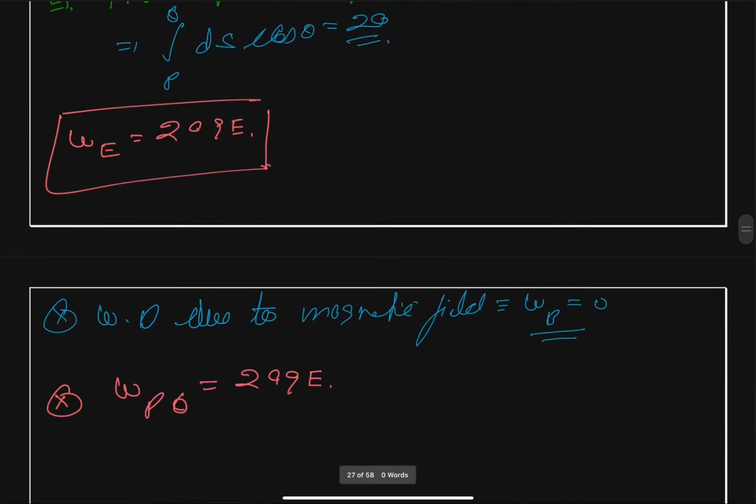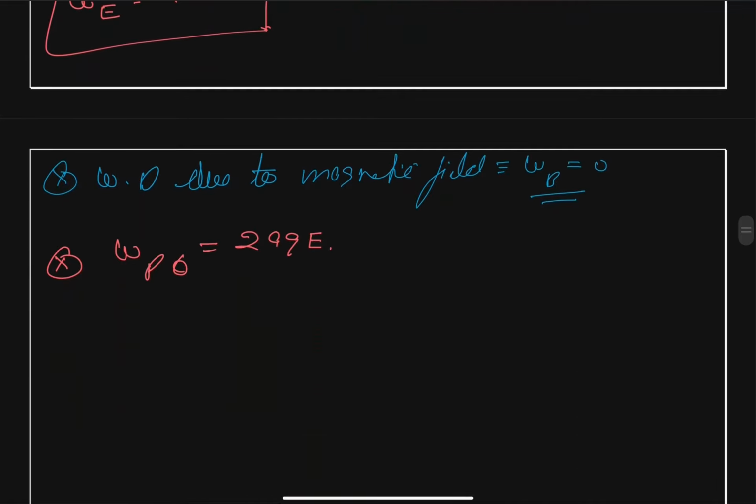And we are given the velocity at point P, so we can find out the kinetic energy at point P. Kinetic energy at point P will be equal to half mv square.